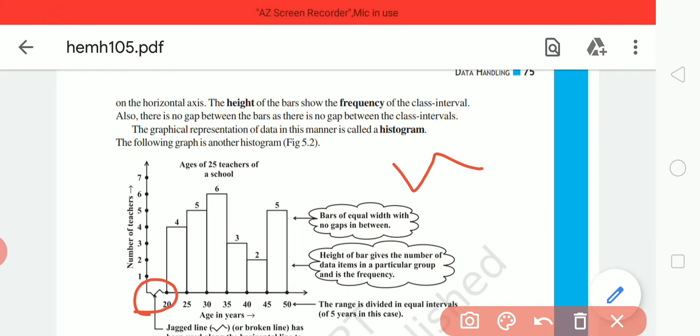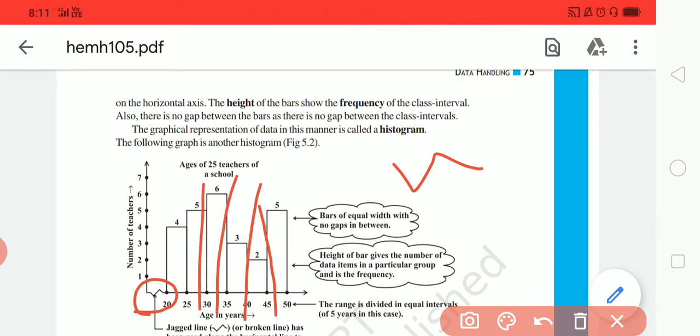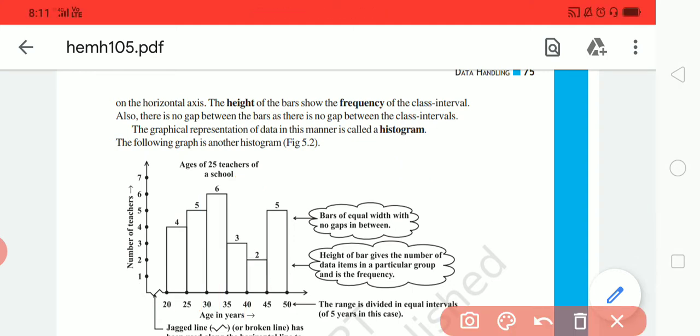And one thing that is important, it is a continuous frequency diagram, and according to the histogram it is different from a bar graph, because in the bar graph we leave space between bars, because a bar graph is discontinuous and a histogram is continuous, right? So for this continuity we draw the bars stuck to each other, right?